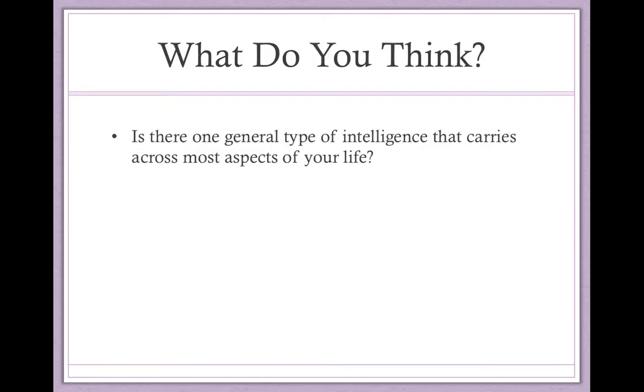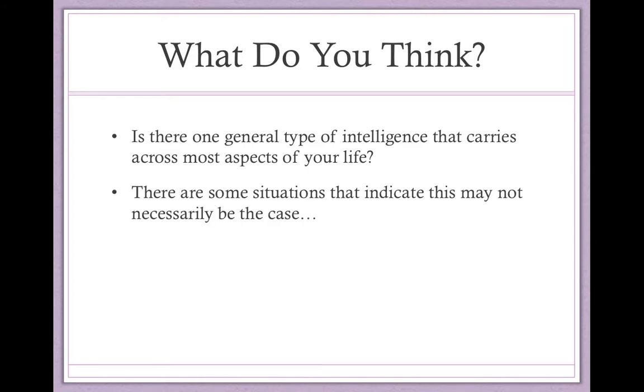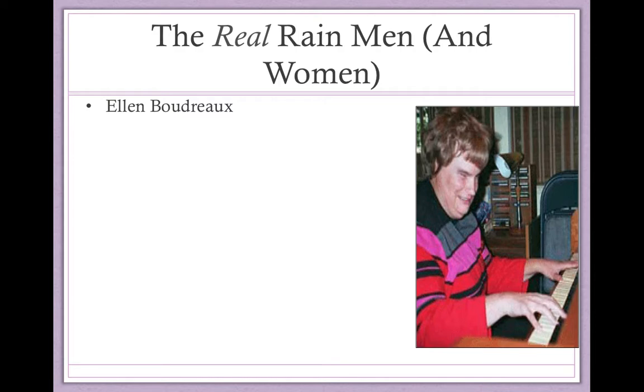So what do you think? Is there one type of general intelligence that carries across most aspects of your life? There are some situations that indicate this might not necessarily be the case. For example, this is Ellen Boudreau.